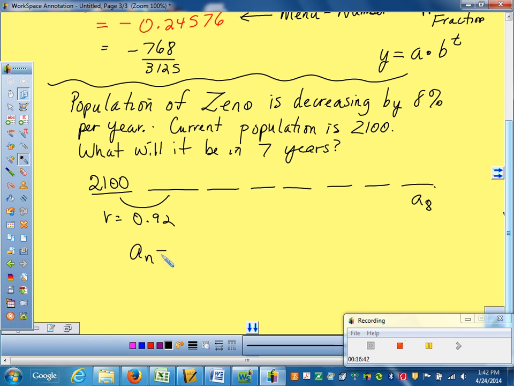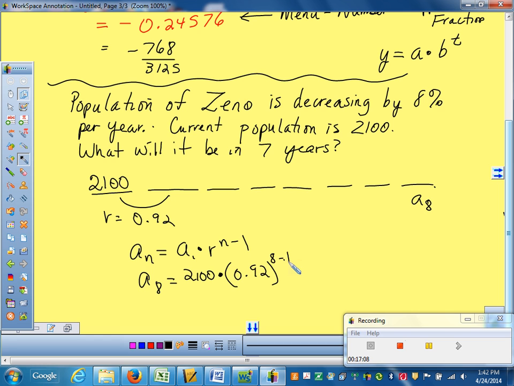So I'm going to rewrite the formula just so it's handy here. If we're finding the 8th term, do we know the first term? 2100, yeah. Do we know the ratio? 92%. And what would my exponent be? Yeah, 8 minus 1, or the 7th power, so yes.